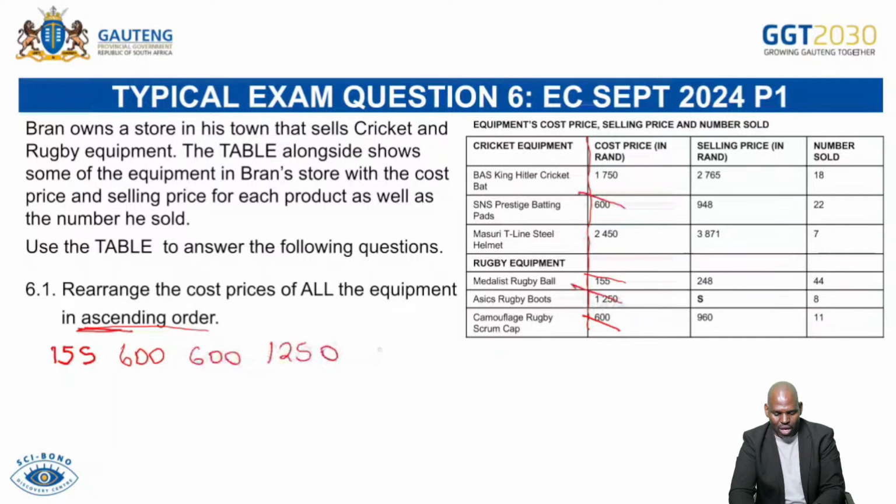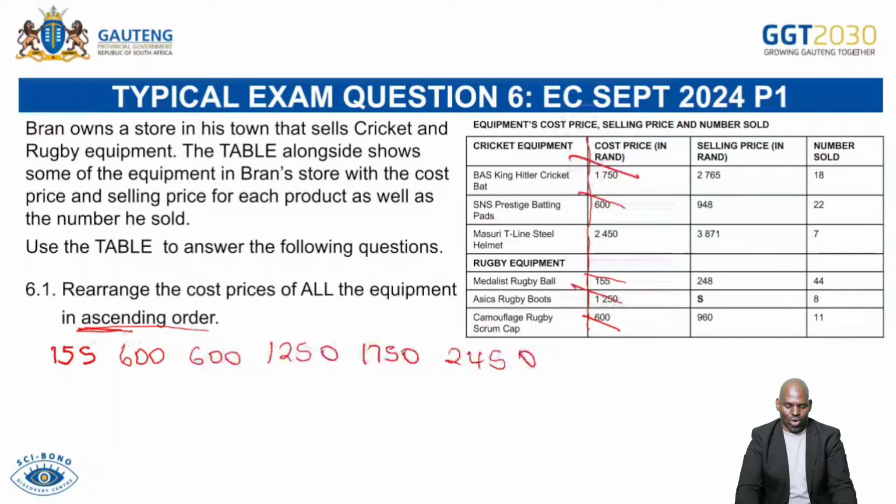After 1,250, I've got 1,750. After 1,750, I've got 2,450. So you just need to count. Initially, there were 1, 2, 3, 4, 5, 6. So I've got 1, 2, 3, 4, 5, 6. So it means all of them are there and they are now arranged in ascending order.